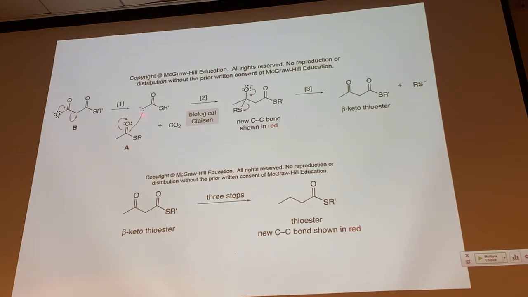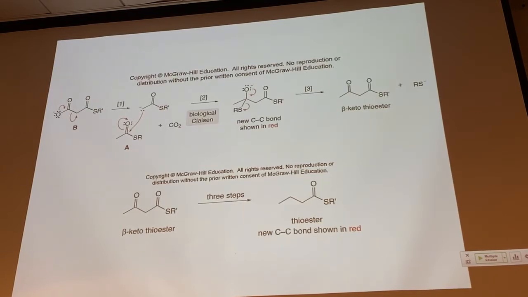So this is giving us a thioester enolate that is able to react with another molecule of a thioester. So the Claisens we do in the lab usually involve esters. Nature tends to use thioesters more than esters, and so biological Claisen reactions frequently involve 2 thioesters. And so here that's generating a beta-keto thioester.